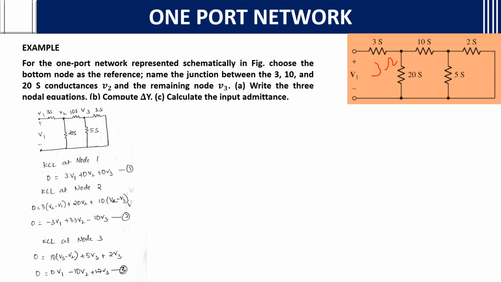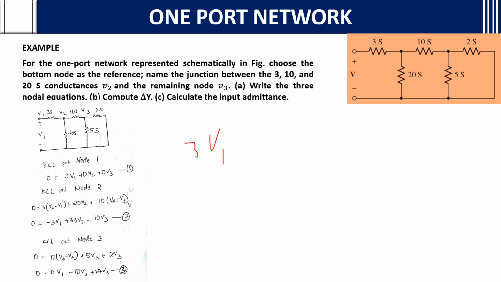But here it is not 3 ohms. If it is 3 ohms, you need to write V1 by 3 equals 0. But here it is in the form of Siemens, that is in the form of admittance. So it is the inverse of the impedance. So we will write 3 V1.